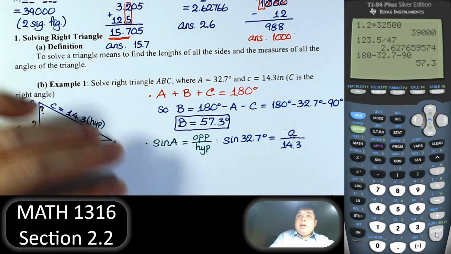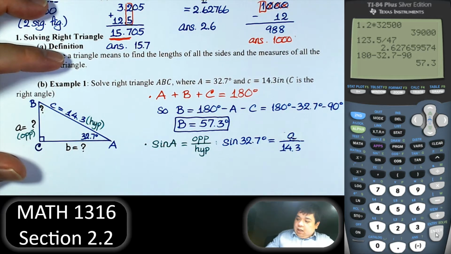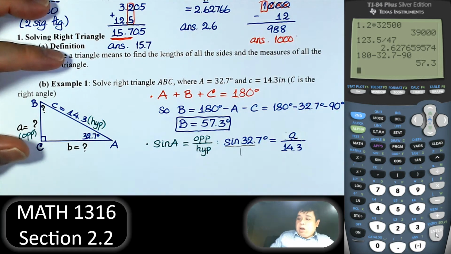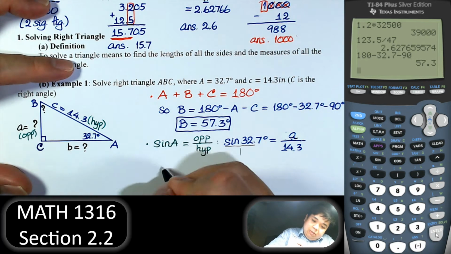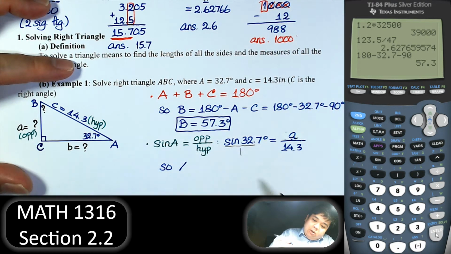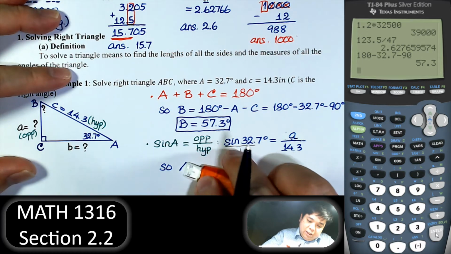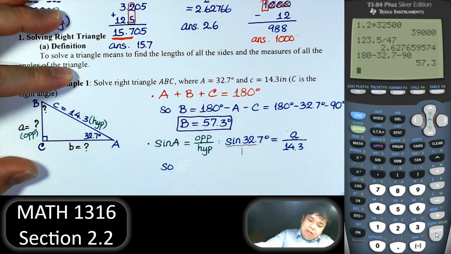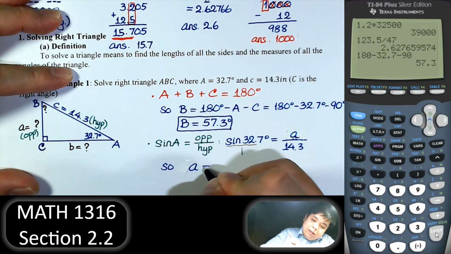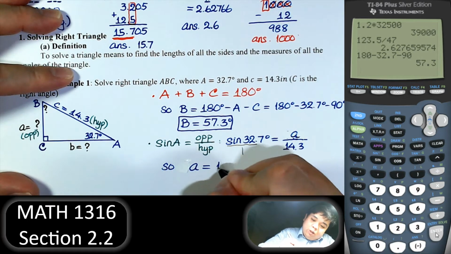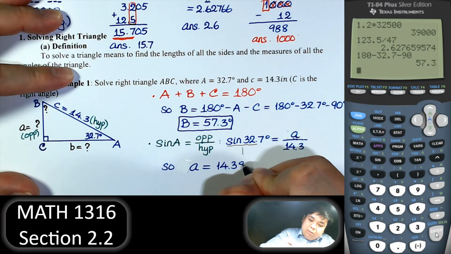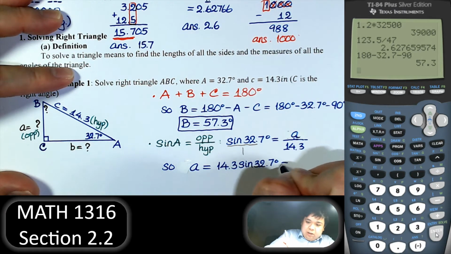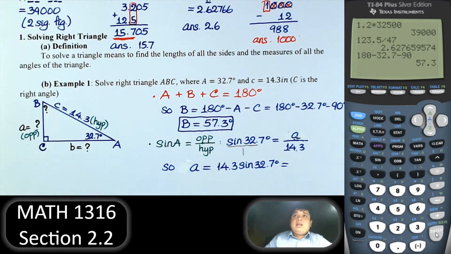Of course, if we write a fraction, we cross multiply, so little a times 1 is equal to 14.3 times sine of 32.7 degrees. We'll type the whole thing like that.